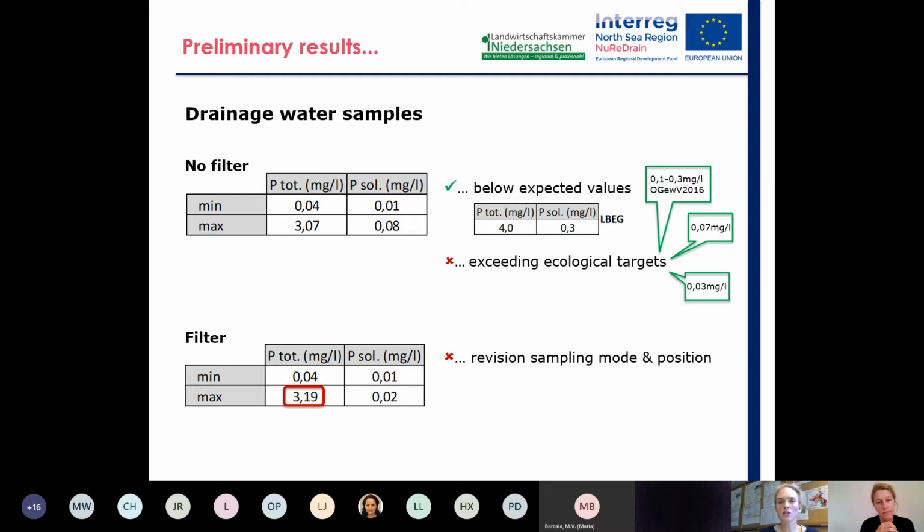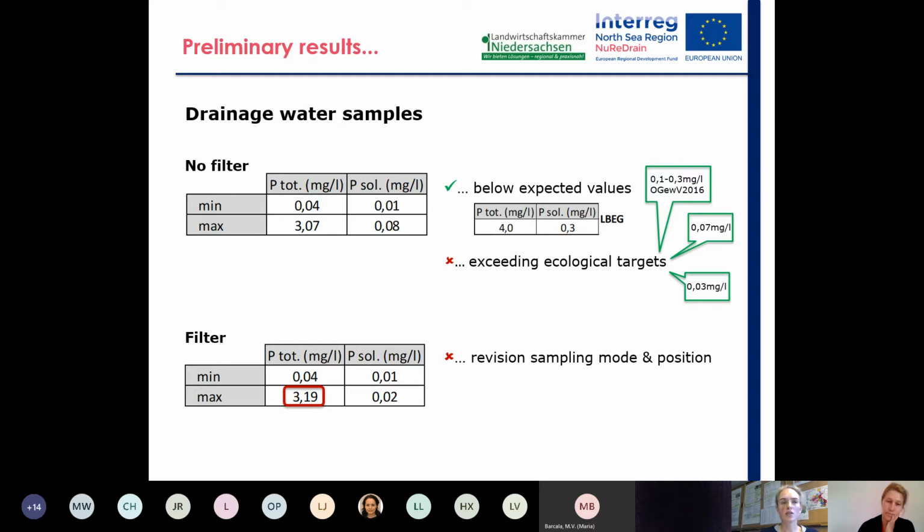So there is a range of ecological targets. For example, in Germany, it is a surface water ordinance, which says values should be between 0.1 and 0.3 milligram per liter. But there are also other values, like, for example, 0.03 milligram per liter as a target value for algae growth.